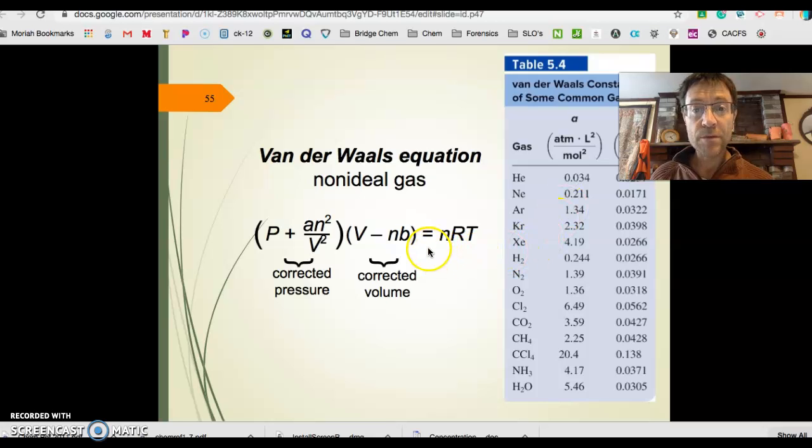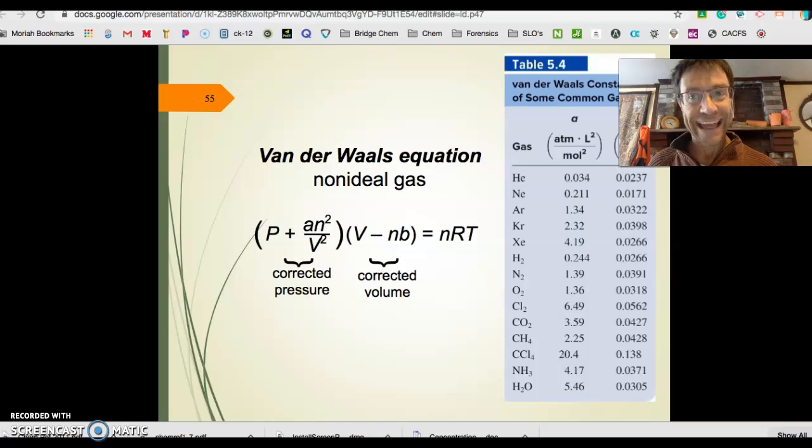And the variable B, which for helium appears to be 0.237 or something like that, goes right here, and that's how we can correct for the actual intermolecular forces of attraction that happen in all gases. When does this matter?